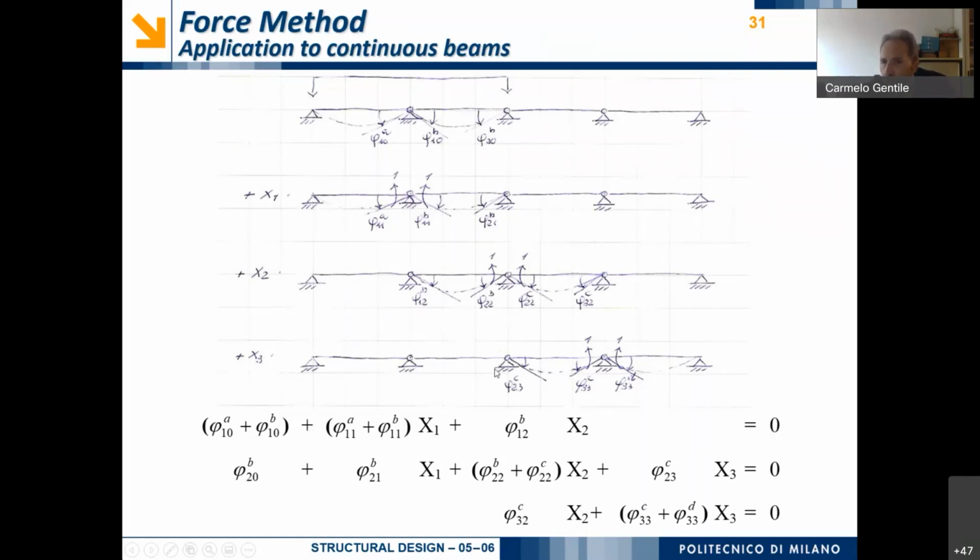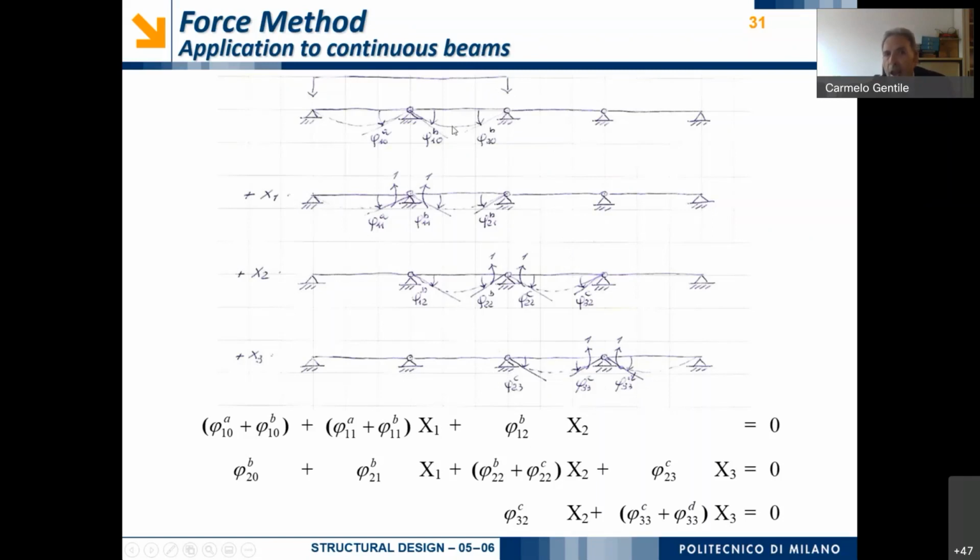Two similar conditions need to be written for the intermediate support we have denoted as number 2, and the intermediate support we have denoted as number 3. So let's look at the intermediate support number 2.